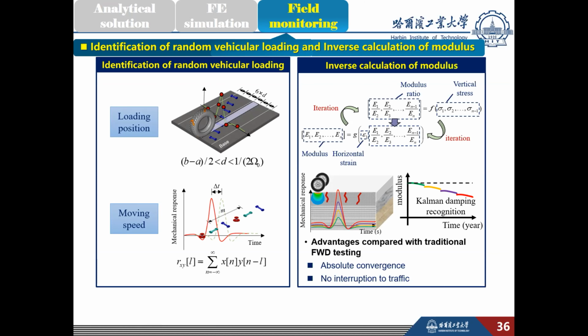First, the modulus ratio of each layer is determined by matching the measured stress at the bottom of each layer and the corresponding calculated stress. Then the modulus of the surface layer can be calculated by matching the measured and the calculated strain at the bottom of the surface layer. In this way, the modulus of each layer can be back calculated easily.